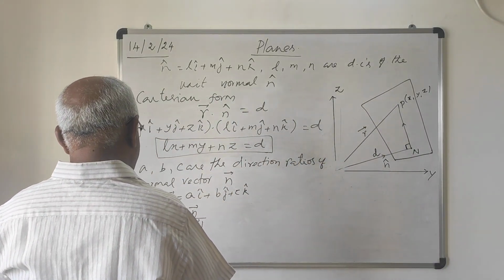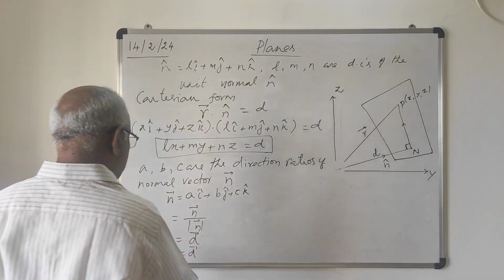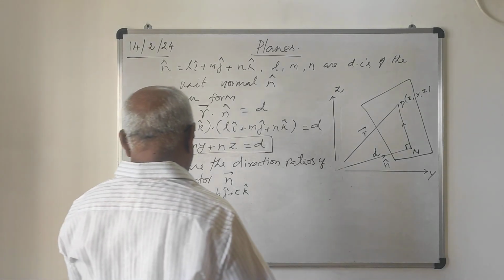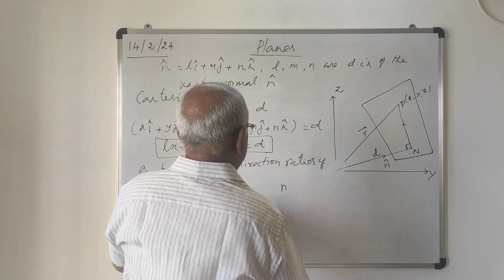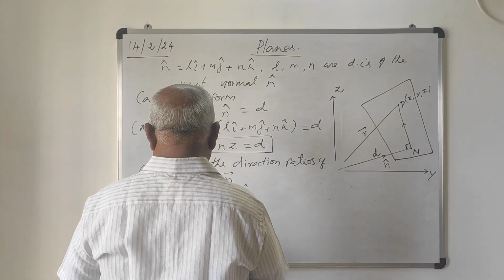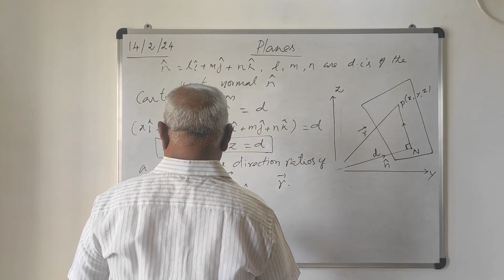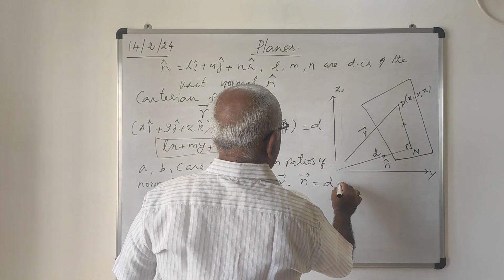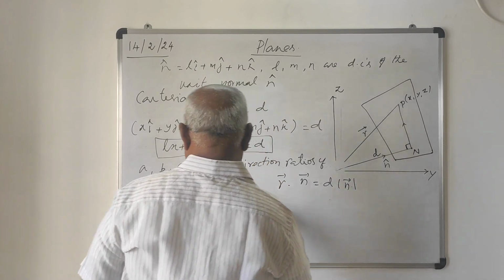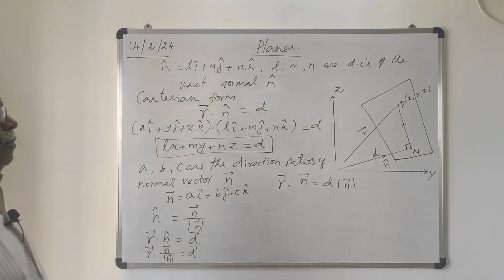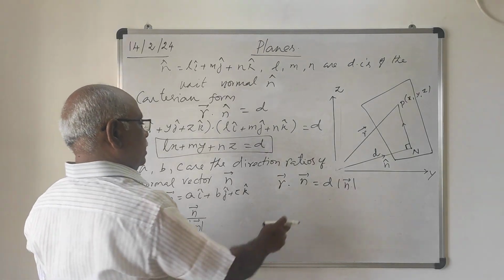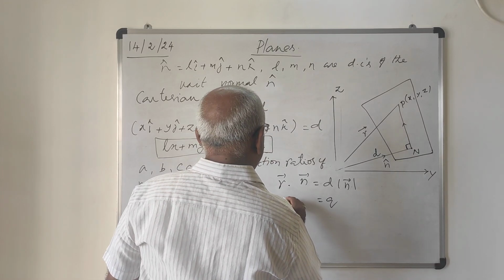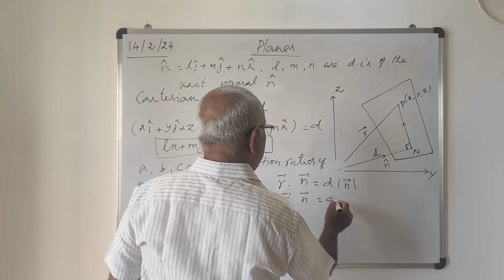From this, r dot n vector equals d into mod n vector. Bring the mod to the right hand side: d into mod n is replaced by q. So r dot n equal to q.